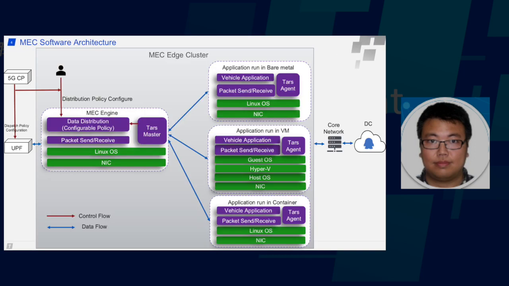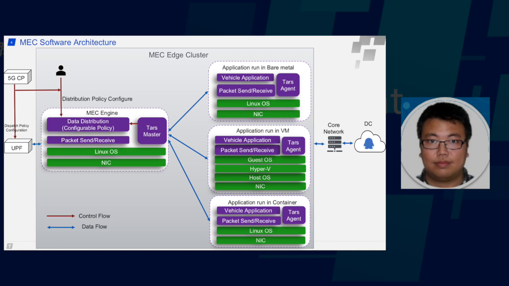So next page, we're diving a little deeper. We're trying to let you understand the details of the MEC edge cluster. From the physical level, we need to use physical servers, and each box is a physical server. For instance, we have four physical servers here. We need to deploy some software on top of the hardware to make it work.